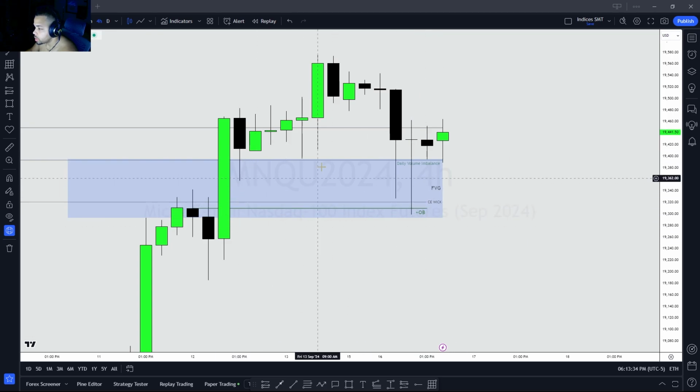Also, we're inside of the daily fair value gap as well. We almost reached the discounted area of this daily fair value gap. We're also below the daily volume imbalance. We're on this 4-hour order block. We're also under this fair value gap as well. So we have a lot of factors to take us higher.